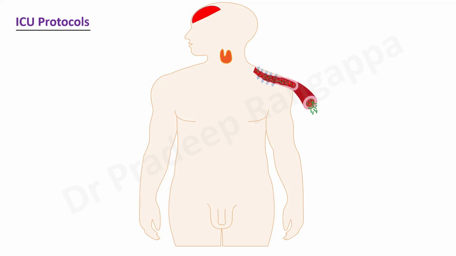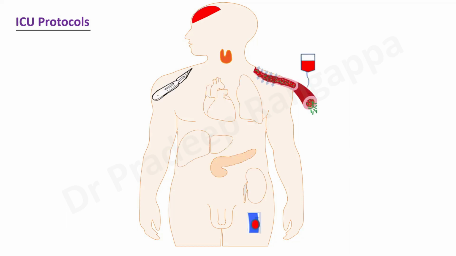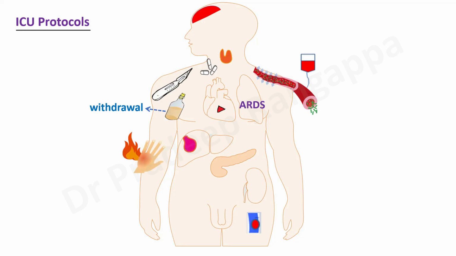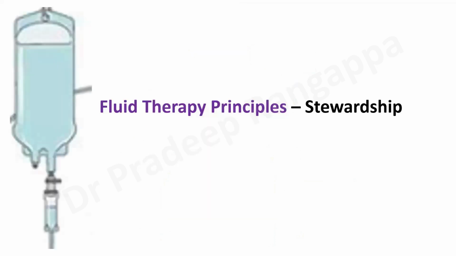You can create protocols for myxedema coma, thyrotoxicosis, sepsis, post-surgical care, transfusion protocols, burns, drug toxicity, alcohol withdrawal, acute coronary syndrome, pulmonary embolism, ARDS, liver failure, pancreatitis, adrenal insufficiency, venomous bites. Basically, I'm putting this figure to say that you can literally create protocol for anything and everything in ICU. These are all typical ICU conditions where we tend to create protocols.